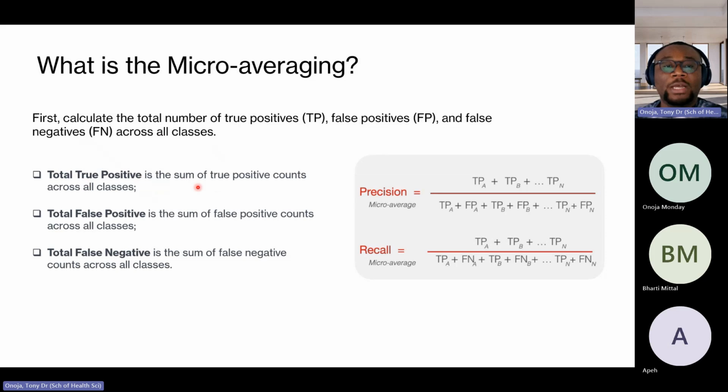So the total number is the sum of true positive counts across the classes. You do it for false positive, you do it for the total negative. So here is the catch. It means that TPA for class A, you add it up, you add that of TPB for class B, you do that for everybody, and then you divide it by the total of all of them.